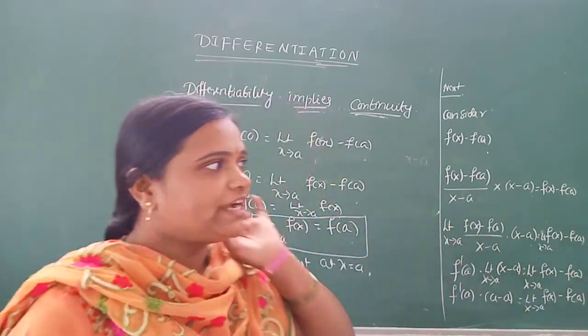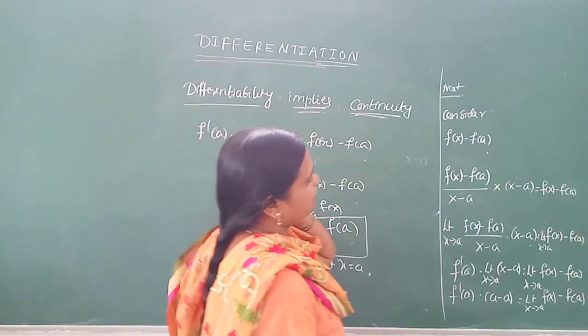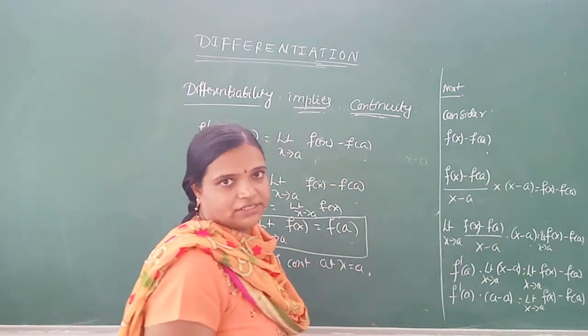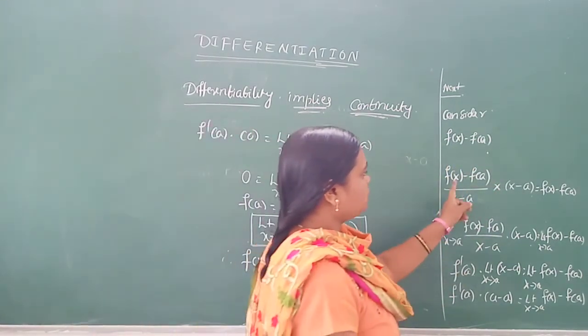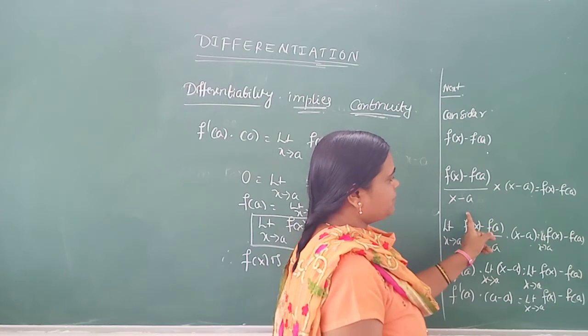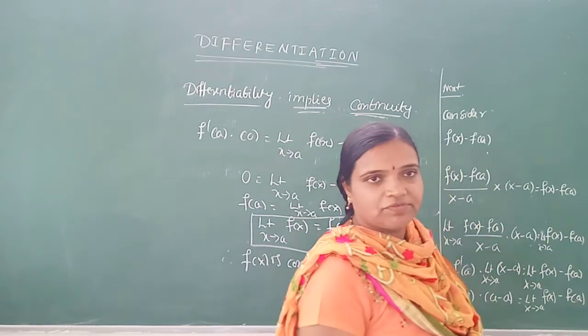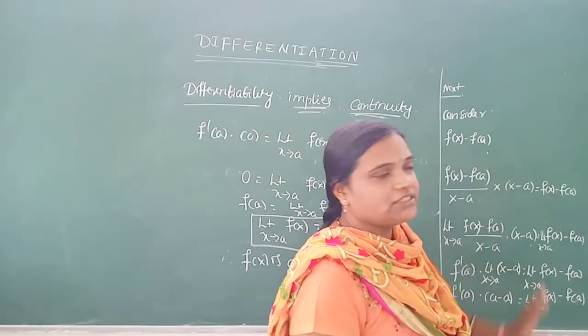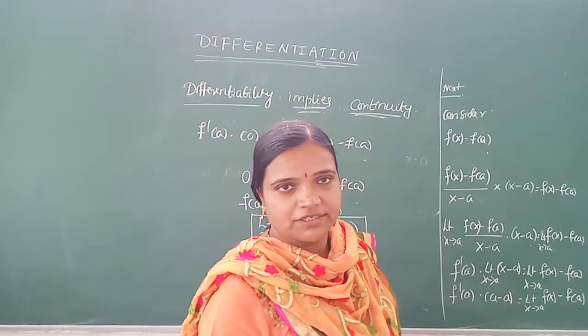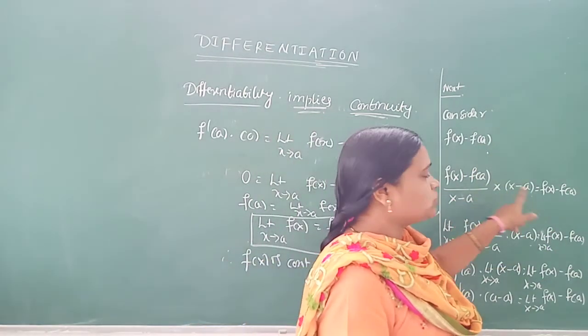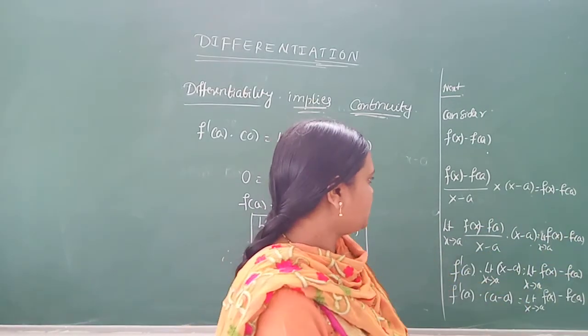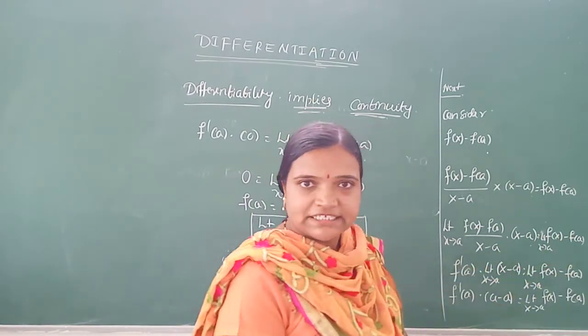Okay. For that, see what we consider: f of x minus f of a. Next we can write f of x minus f of a divided by x minus a into x minus a. And that is equal to f of x minus f of a. What we have written, that one we are taking as it is similar. Cancel, we get both are similar. Okay. Next apply limit as x tends to a on both sides.